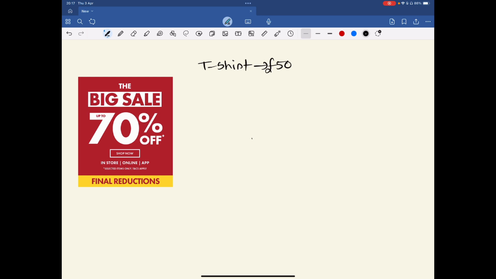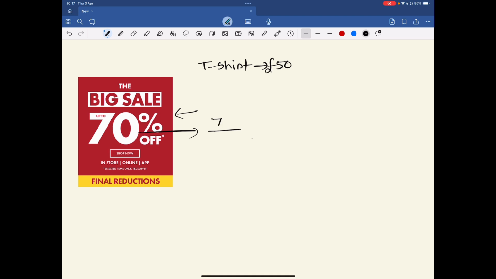Without calculation, you won't get the off. If you can calculate this math, then you will get the offer. So the condition to get 70% off from that shop is that if you can calculate in a correct way, then you will get the off. So now, we already know what 70% means, right? You already know how to write 70%.